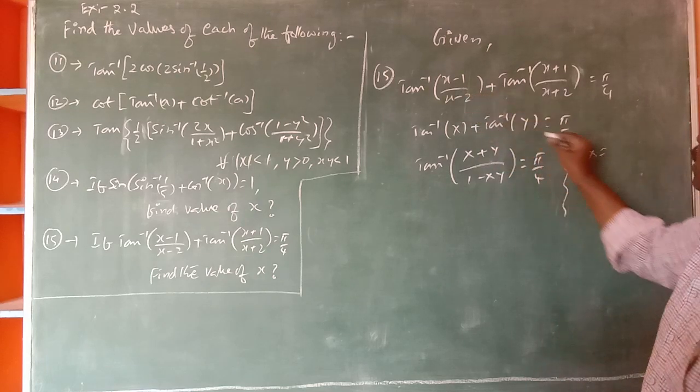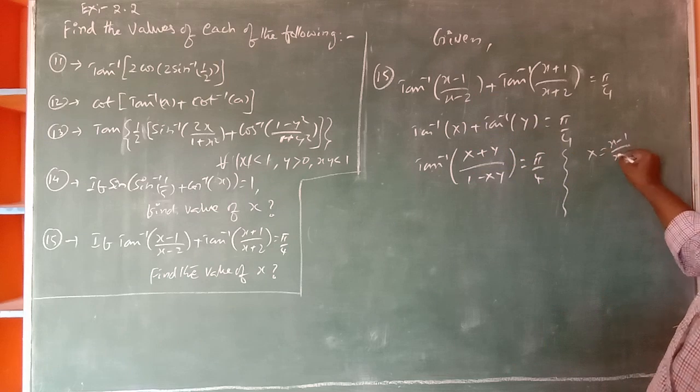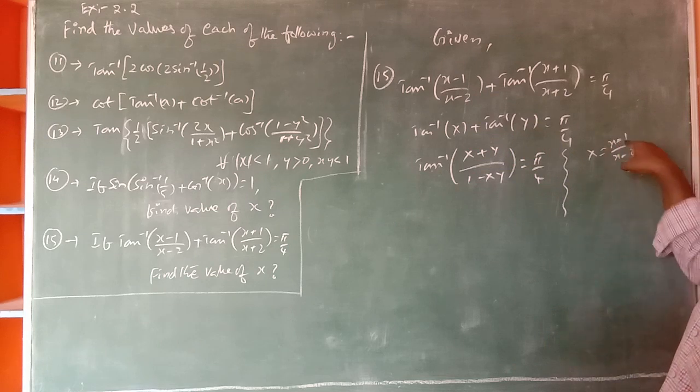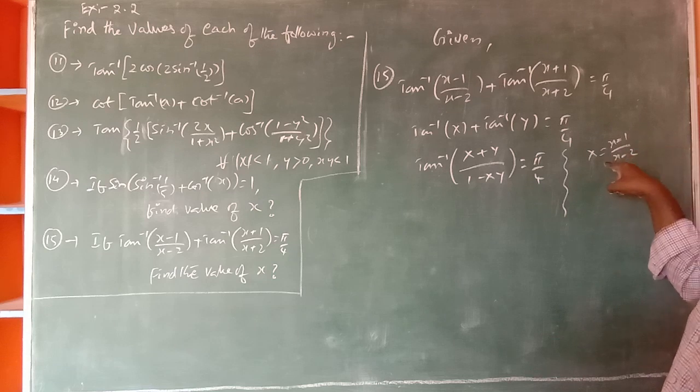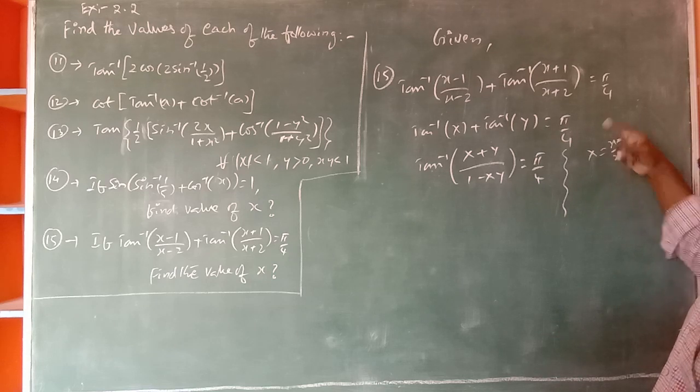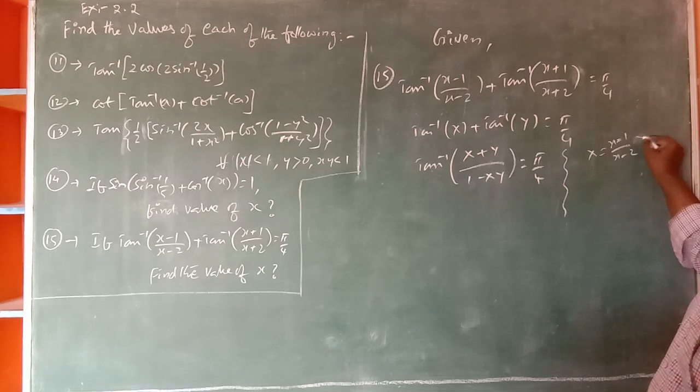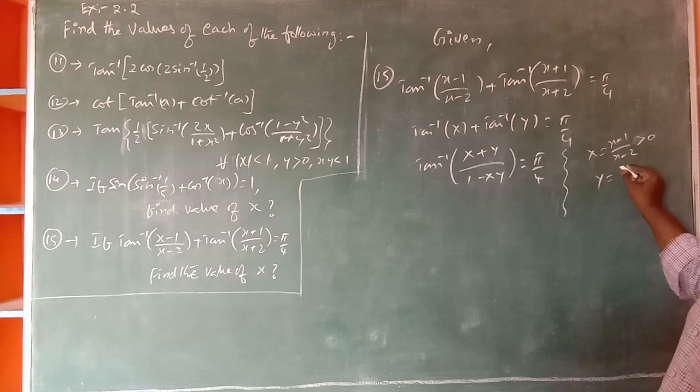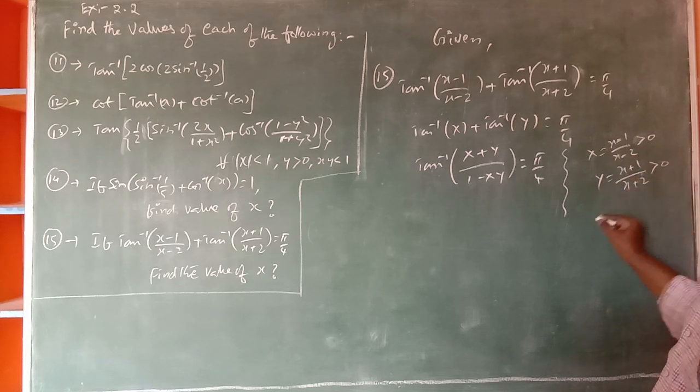Capital X is x minus 1 by x minus 2. Minus 1 is more than minus 2, so it is a positive value. Capital Y is x plus 1 by x plus 2, also a positive value.